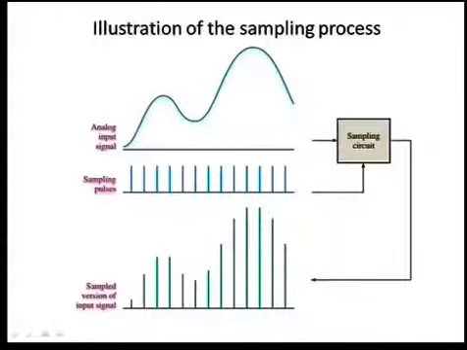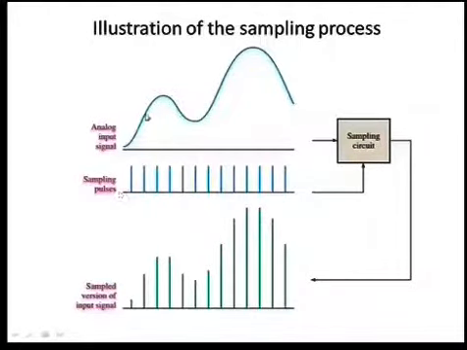So here you can see an illustration of the sampling process. We want to apply the sampling process on an analog input signal. You can see here the analog input signal. A sampling circuit needs two inputs, one analog input signal and second sampling pulses, and gives a sampled version of the input signal here, in which each impulse represents the amplitude of the signal at a given instant in time.